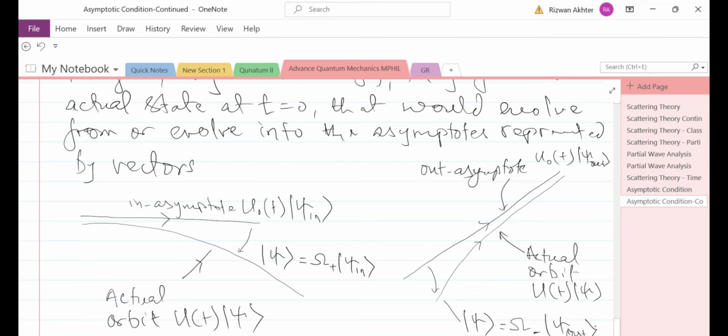So evolve into or evolve from. We have this psi, the actual orbit, evolved from the in asymptote, and this psi, the actual orbit, evolves into the out asymptote with the help of this omega minus.